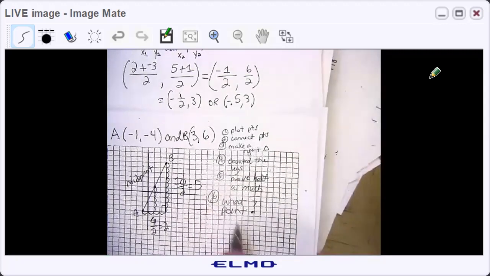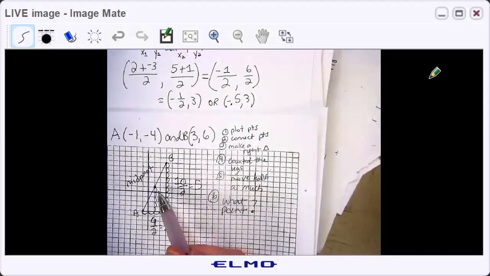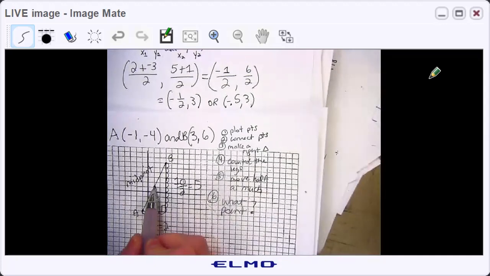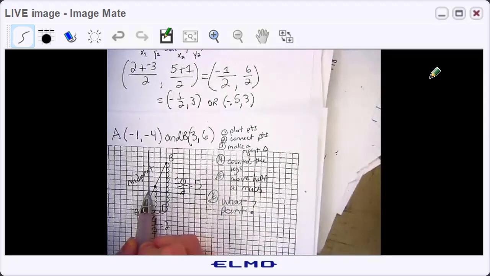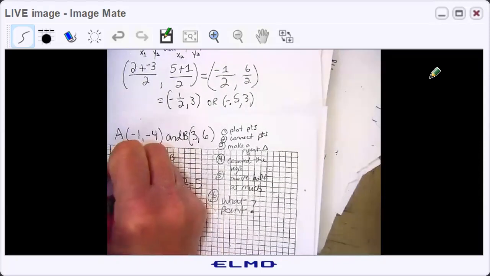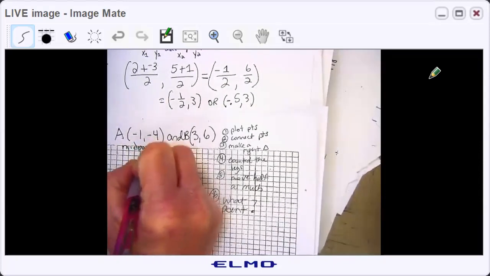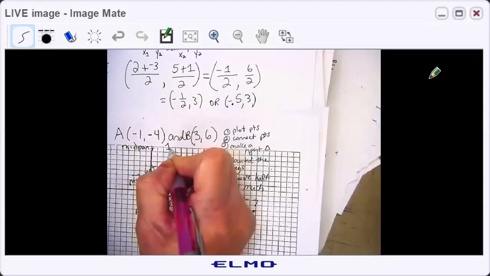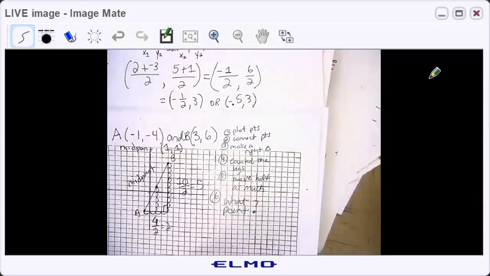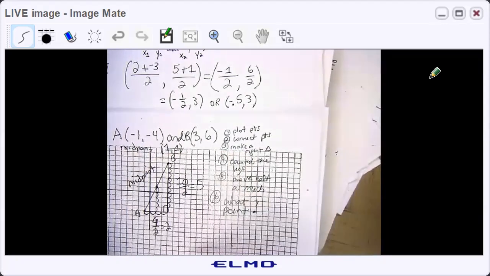They're not going to take your graph and grade this by what you've done graphically. They're going to have some answers you're going to pick from. So we need to go back in from the origin and find out what point this is. Well, it's 1 to the right and 1 up. So the midpoint in our case is 1, 1. And if you did the math of it, it would also check out.